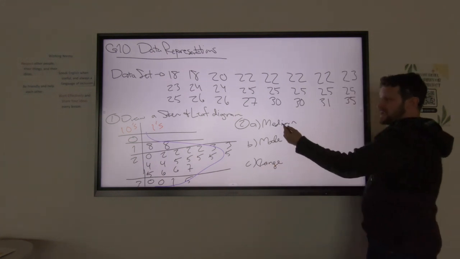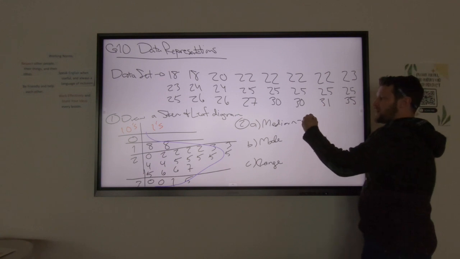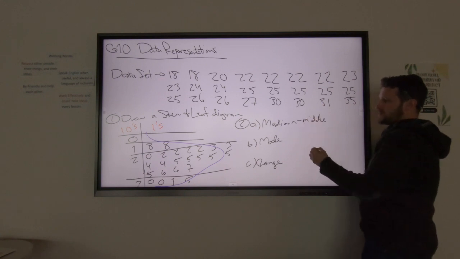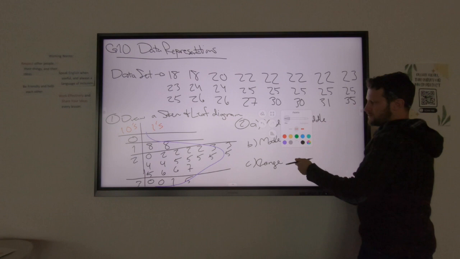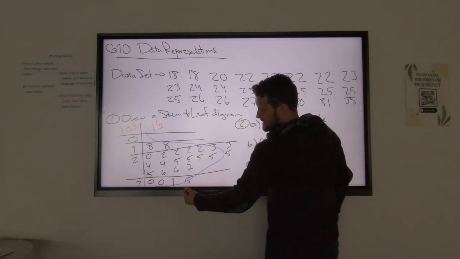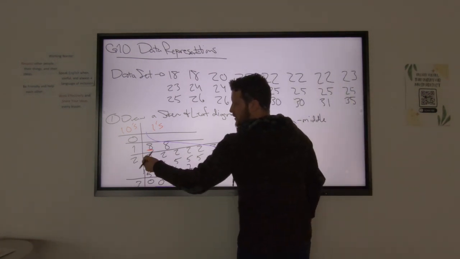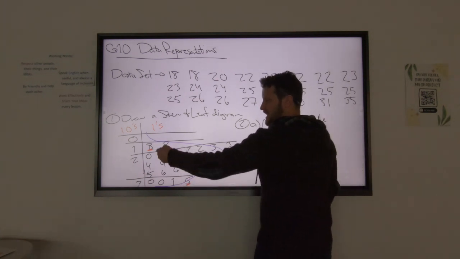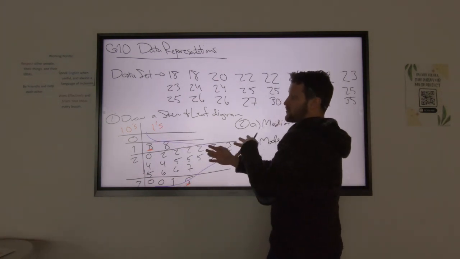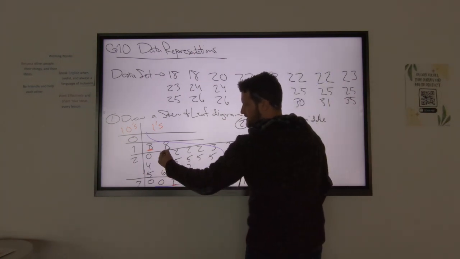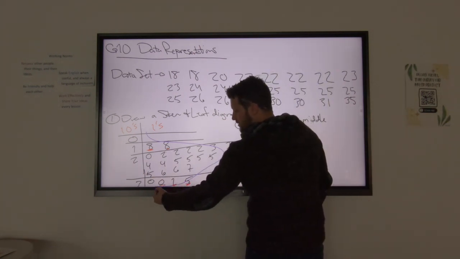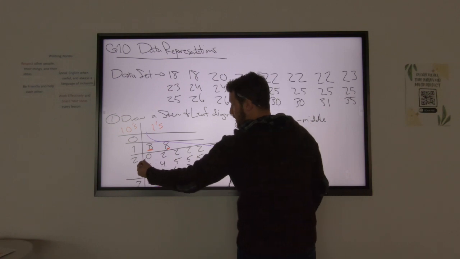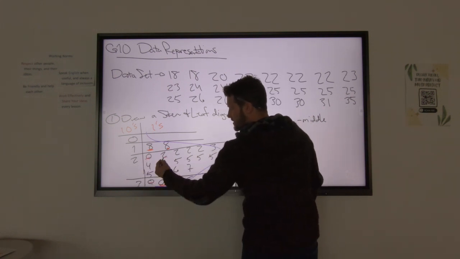The median is the middle value, so let's find it. This is the highest value and this is the lowest value, and they cancel each other out as we move in towards the middle. Then this guy and this guy cancel next, then 30 and 22.